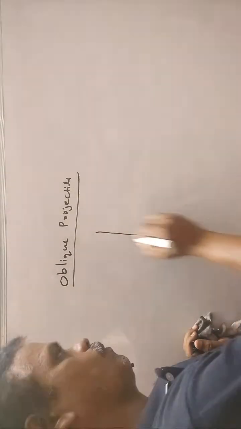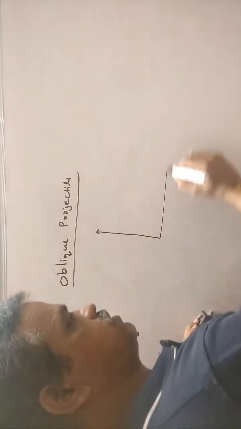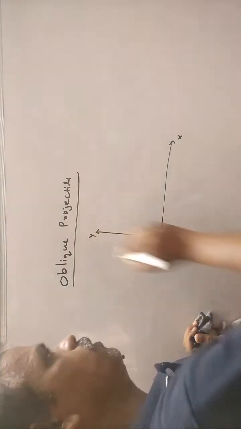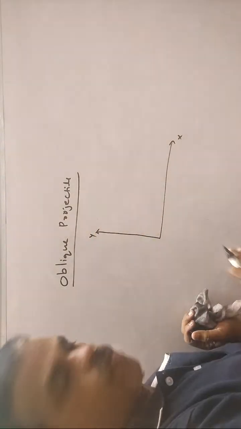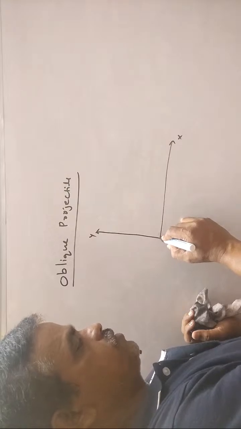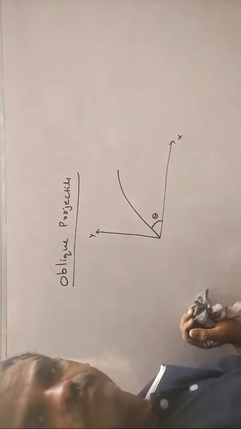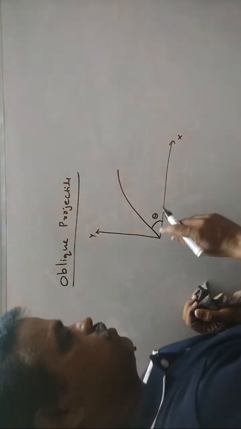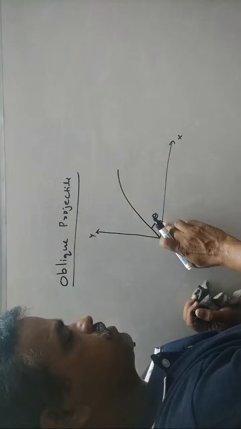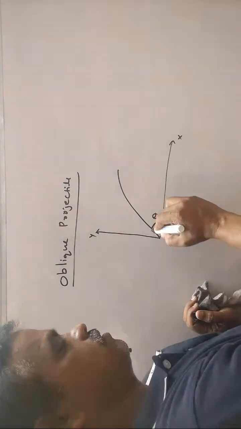If we project a body obliquely, that means it should make some angle theta with the horizontal. So the body is making some angle theta with the horizontal.